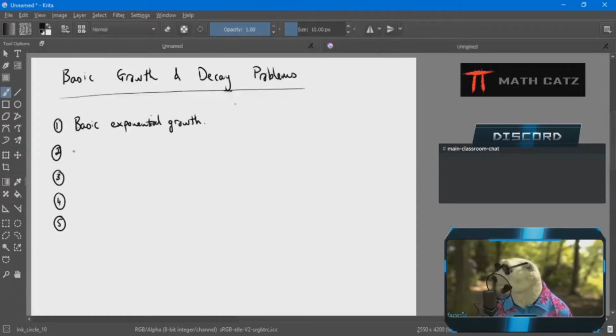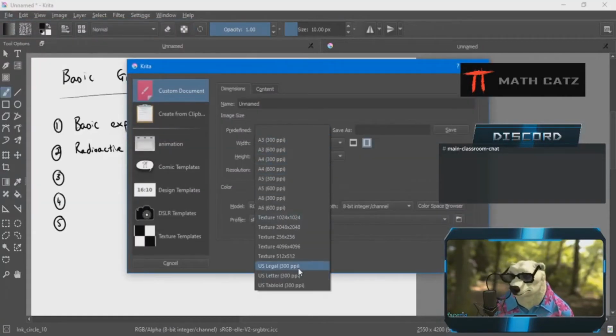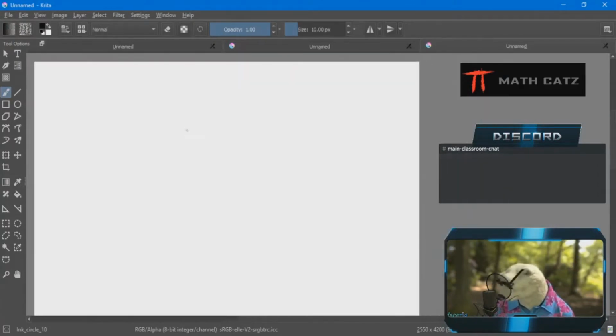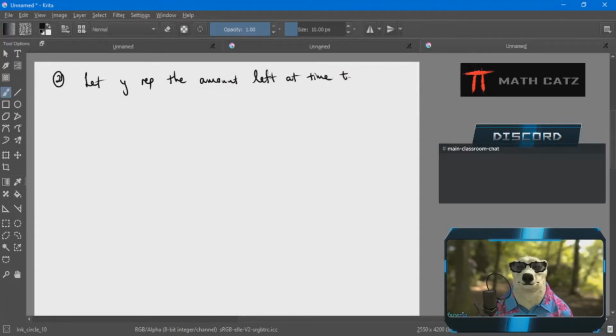Now for the second one, I'll call it radioactive decay, though it could work for other kinds of decay questions as well, but mainly radioactive decay, where we have a very similar situation, except that now my function variable y is going to represent the amount of the radioactive material left at time t.